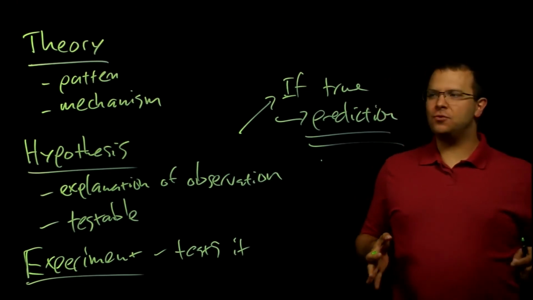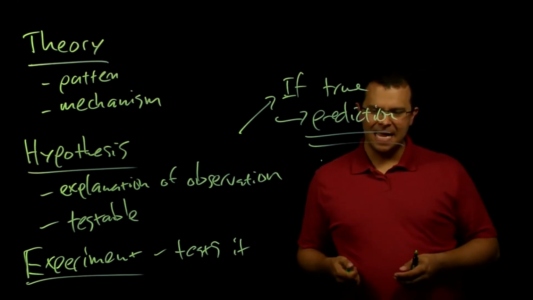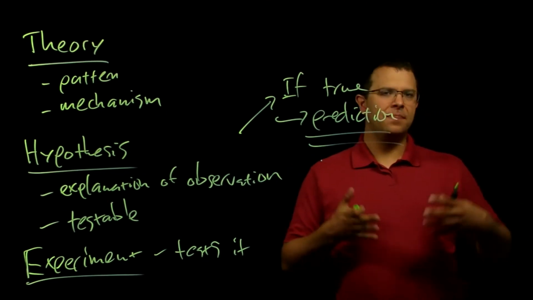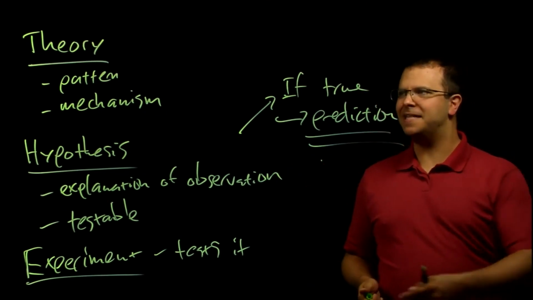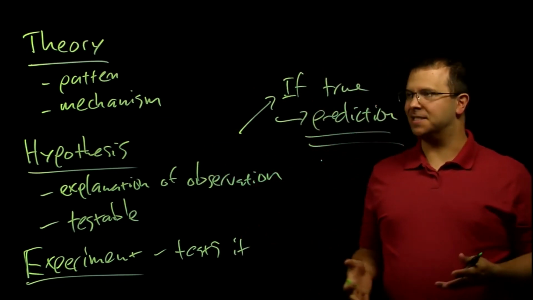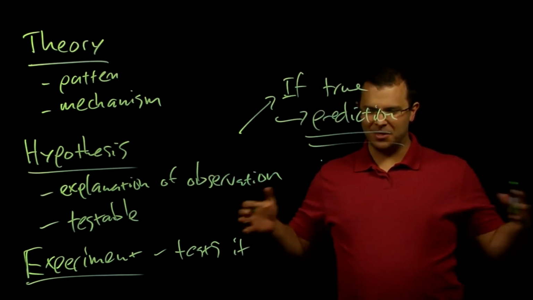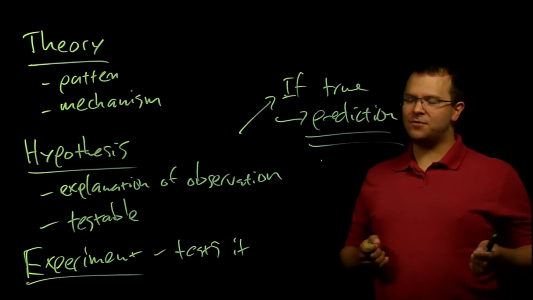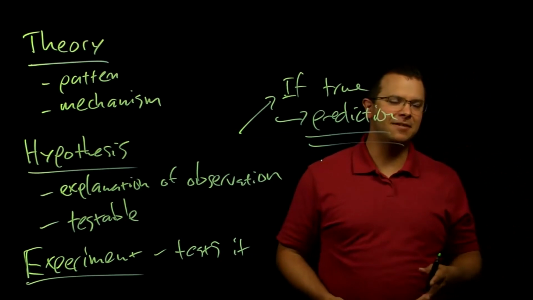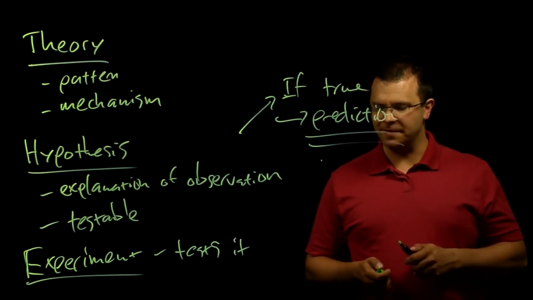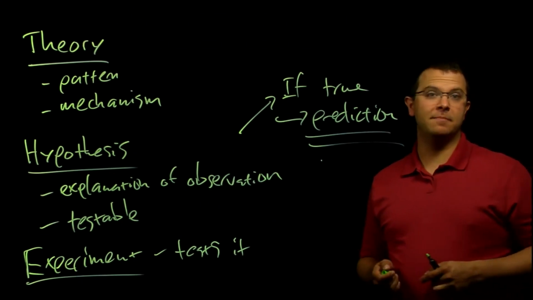And if you do this in many different contexts, and you see many different observations that are all traced back to the same mechanism that explains them, then you have a pattern and a mechanism which can be wrapped up in a theory. And so now that we've talked about one of the most famous theories in all of biology, we're going to turn our attention to the other one, which is the theory of evolution by natural selection.